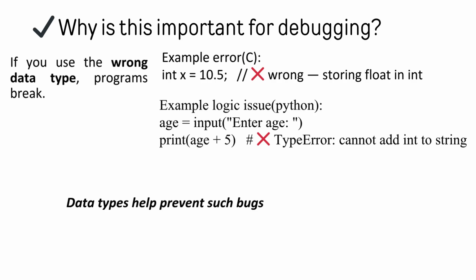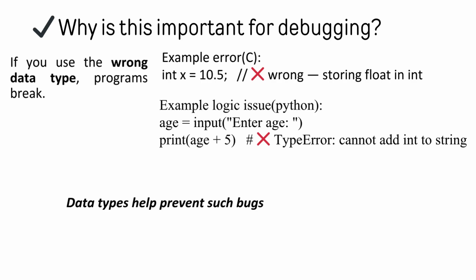Here in C we see int x equal to 10.5. That means we declare an integer type variable, but we forcefully want to store 10.5 into the integer type variable x. This will create an error. So if we want to store 10.5, we just change int to float.